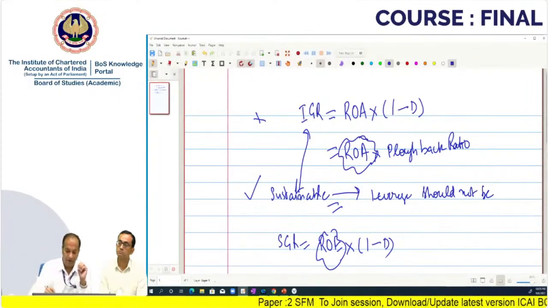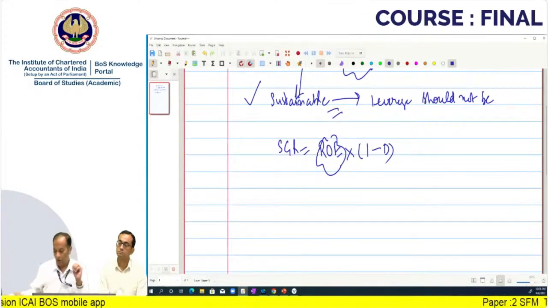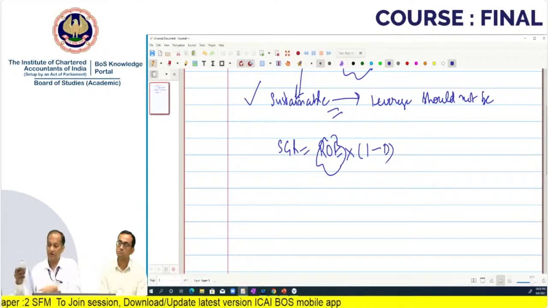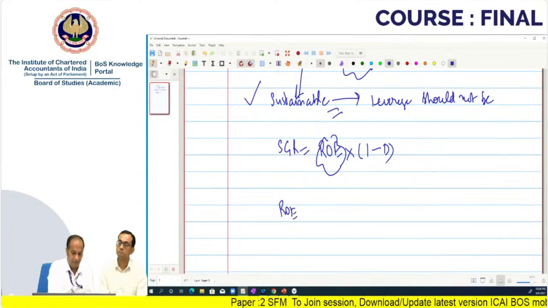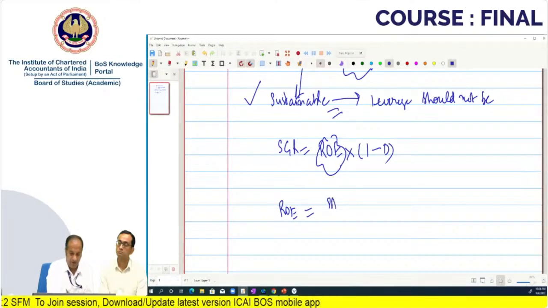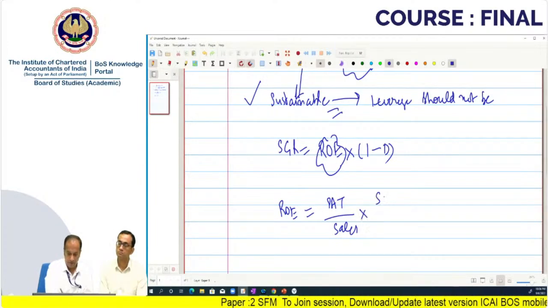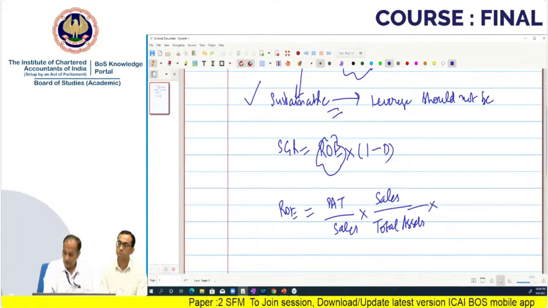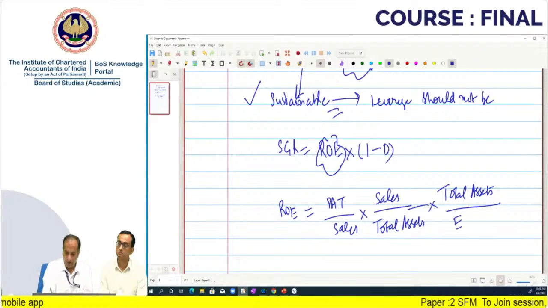Okay, now when we talk about the ROE, if you recall, there was one DuPont formula, and the DuPont formula is a very simple formula. ROE is basically profit after tax upon sales into sales upon total assets into total assets upon equity.